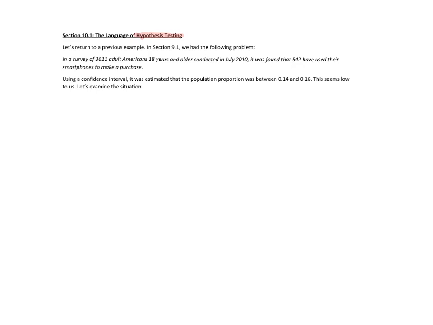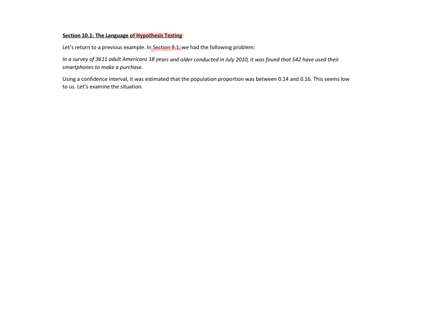So let's return to a previous example in section 9.1. Remember we had this problem where we had a survey and it was found that 542 have used their smartphones to make a purchase, and I made a comment that that's probably outdated, that it's probably much higher these days.